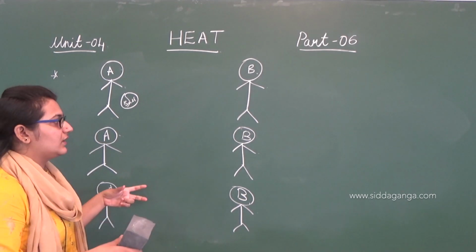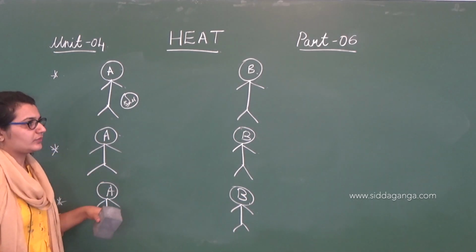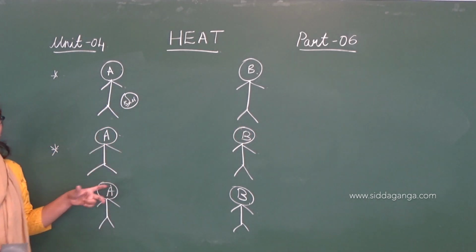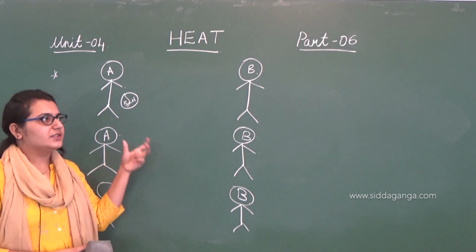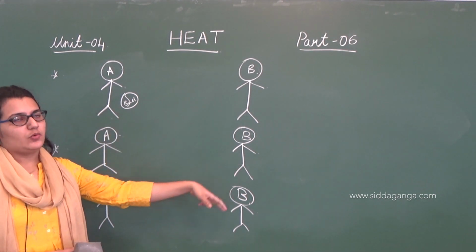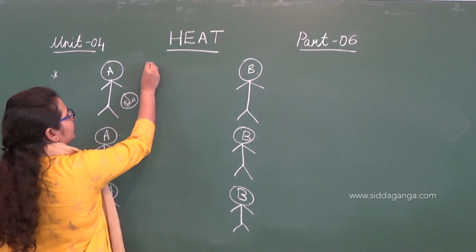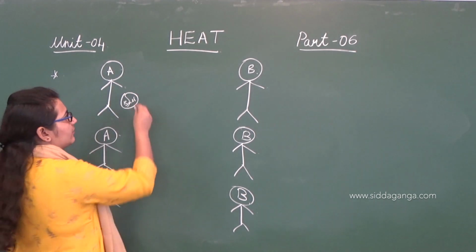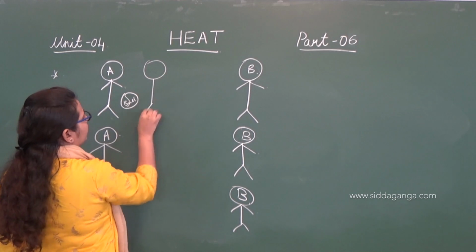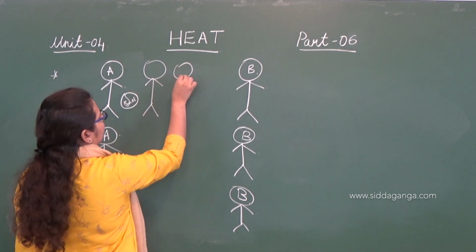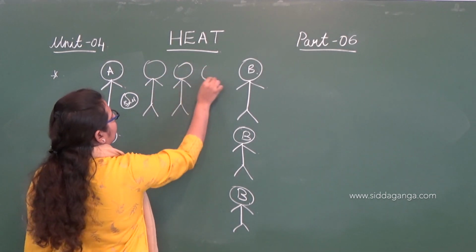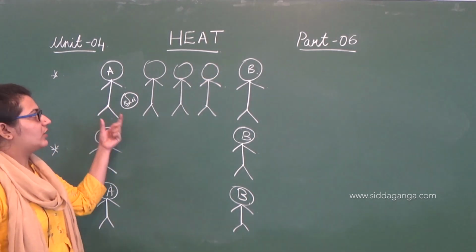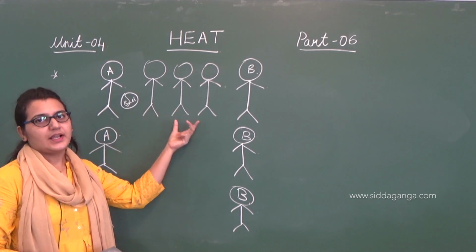To relate with the modes of heat transfer, we have taken three possibilities by which this boy can give the ball to the other boy. The first possibility is that he places other friends in between.